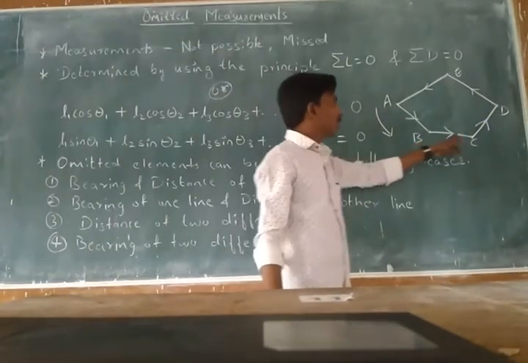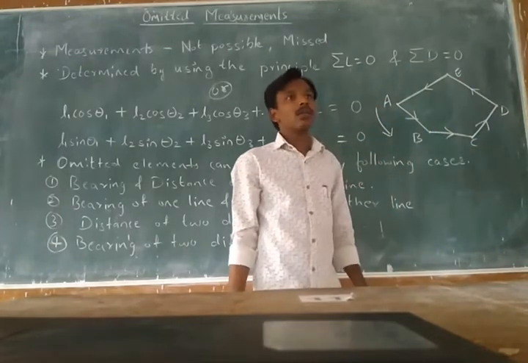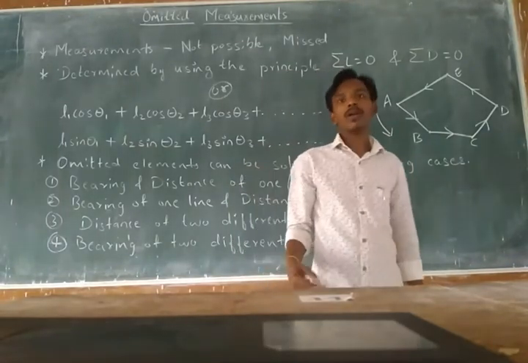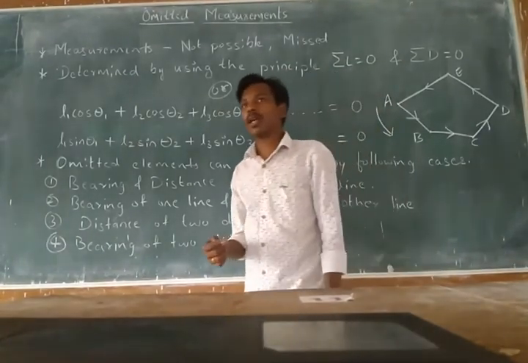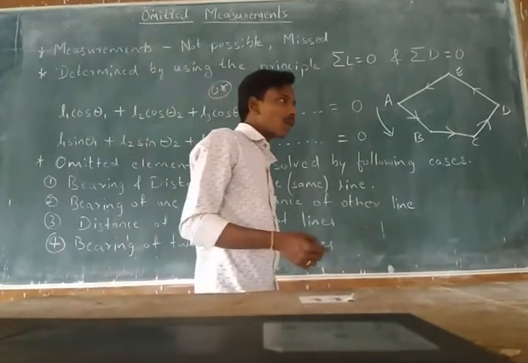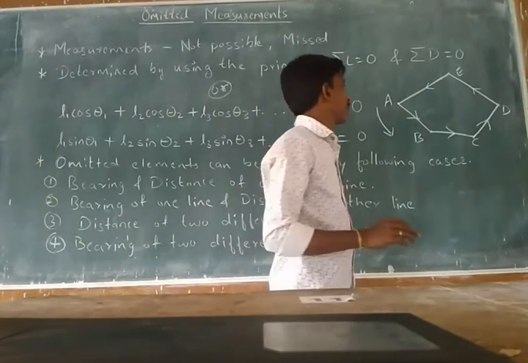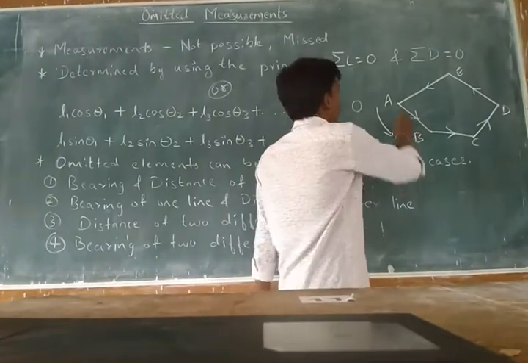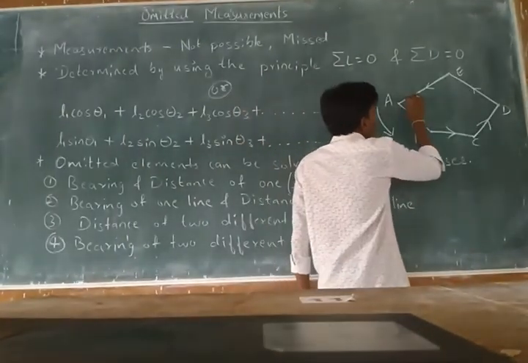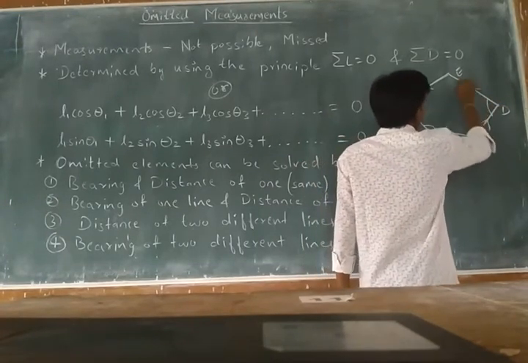You have to measure the distance of all these 5 traverse sides using a chain or tape, or by any other method like EDM, a total station, or a tachometer. Also, you have to measure the interior angles, because you are conducting a traverse.